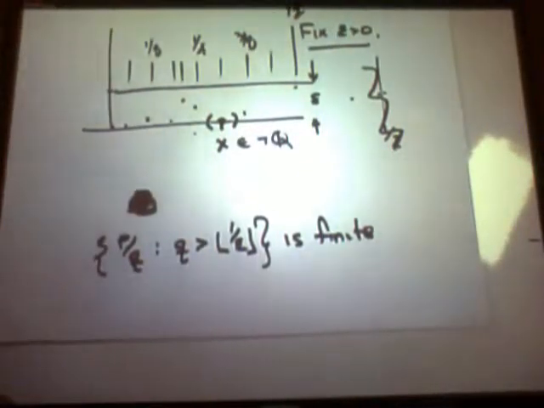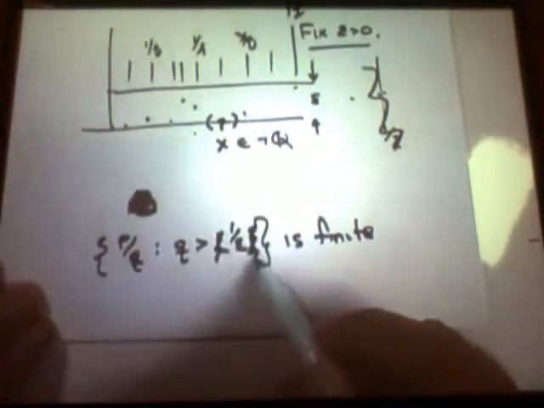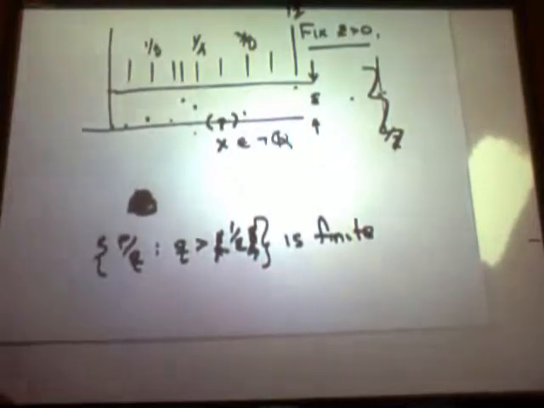So I take 1 over epsilon. I find the greatest integer in 1 over epsilon, and then I look at the q's that are bigger. So what does this mean? It means 1 over q is less than epsilon, right? Oh, I don't even need the greatest integer function. It's understood here that q is an integer and epsilon can be anything.